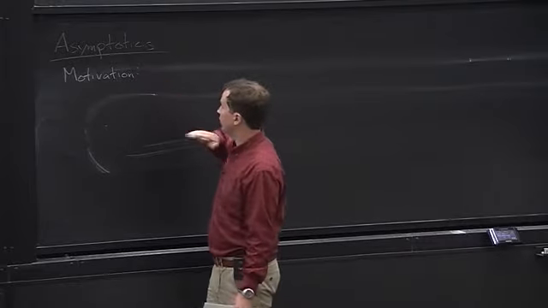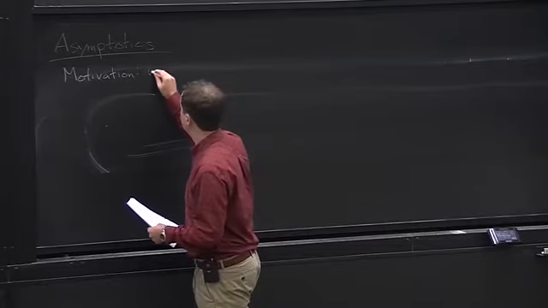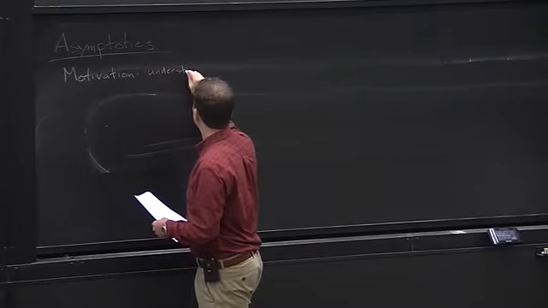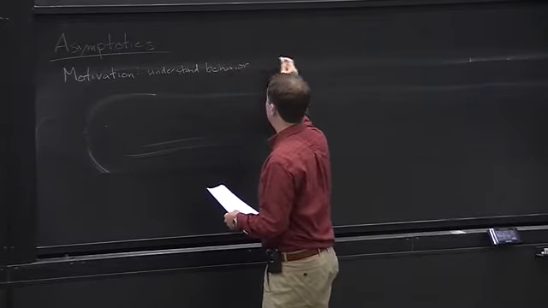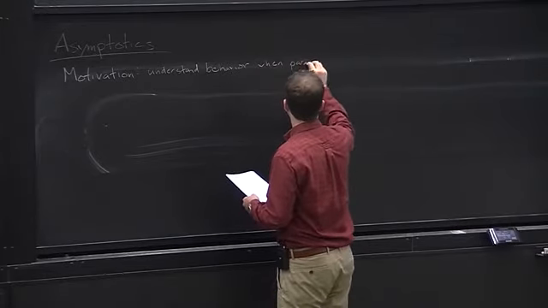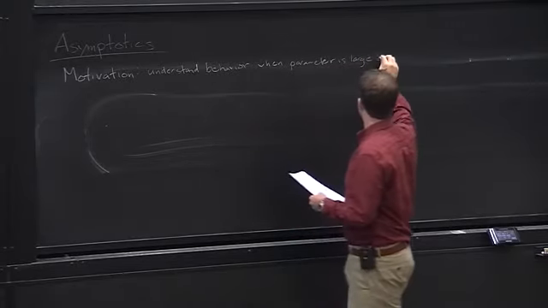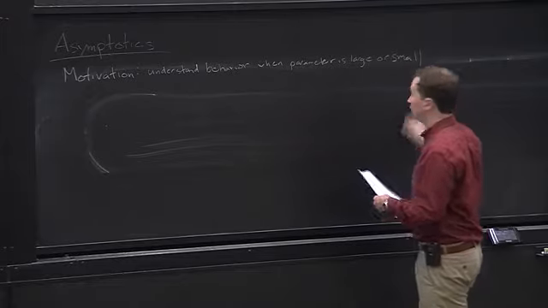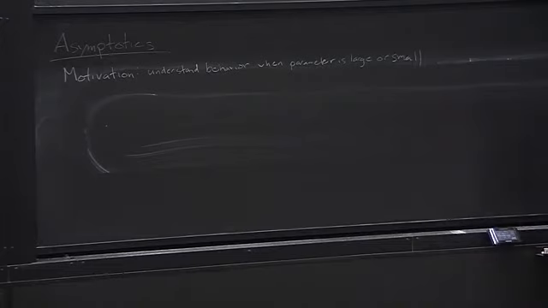In general, these ideas are relevant whenever we want to understand the behavior of some object or system when a parameter is large or small. Sometimes you can use convergent series to study a system when a parameter is large or small, but not always, or not always easily.